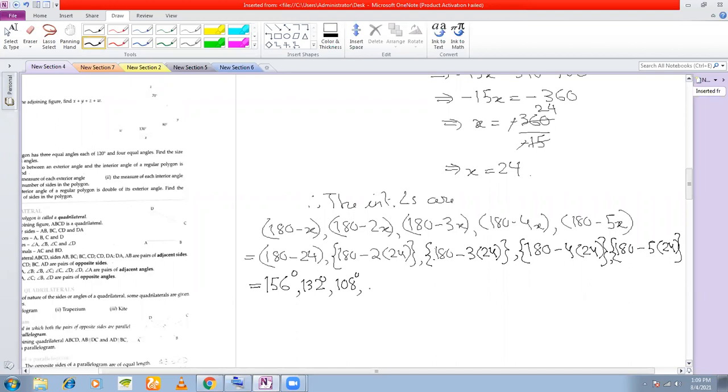Next 180 minus 96 is 84. And finally 180 minus 120. Sir, 24 into 5 is 120. So 180 minus 120 is 60. Okay. So these are the interior angles. This is how you work it out.